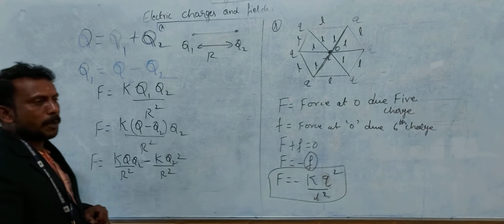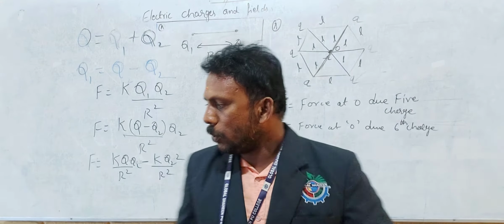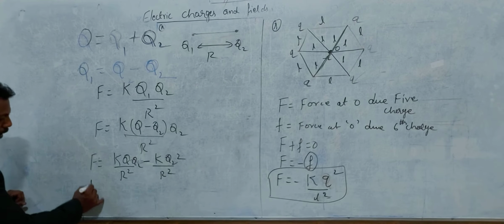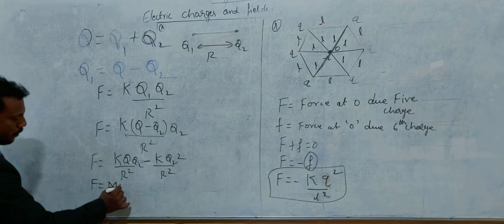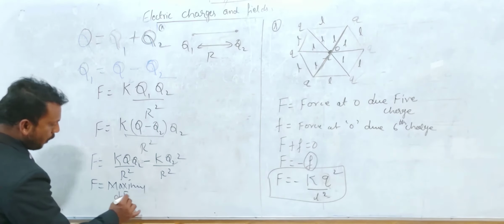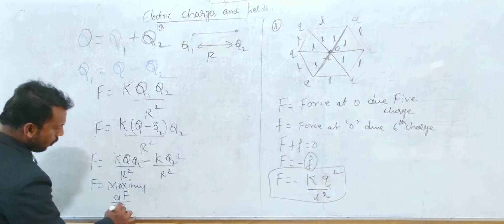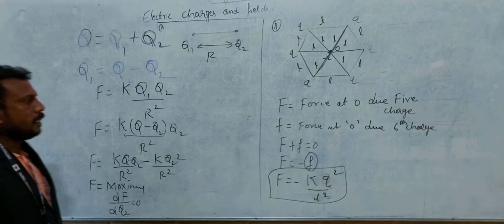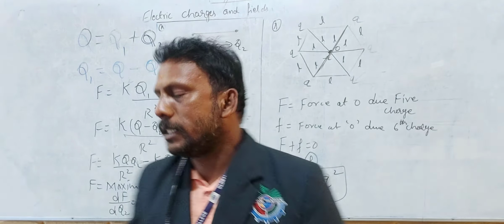The maximum repulsive force between two charges occurs only when F is maximum, which means dF divided by dQ2 is equal to 0.